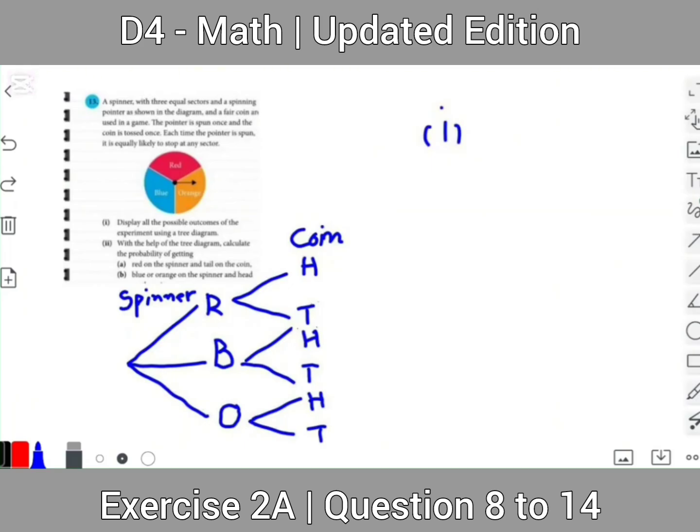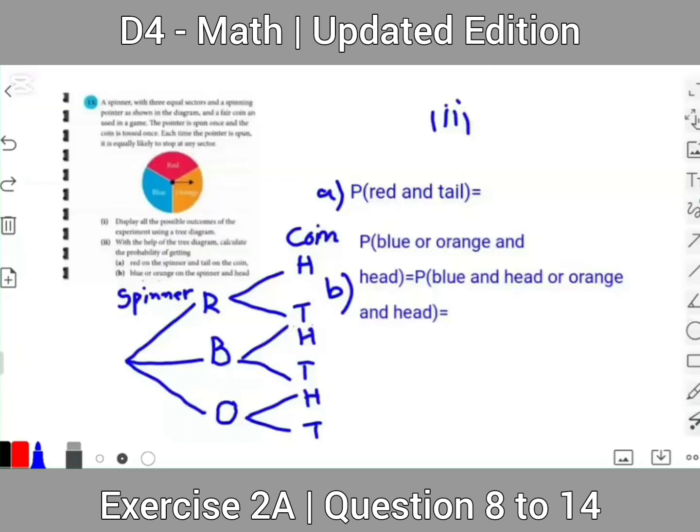Here R is red, here blue is B, and here orange is O. And now the further branches will show the outcomes when a fair coin is tossed for each sector. So the total number of outcomes here is 6.